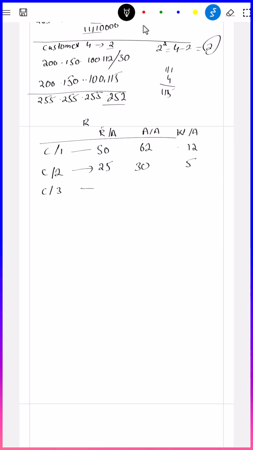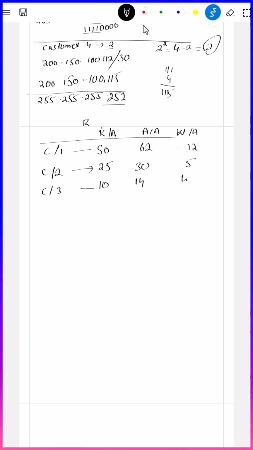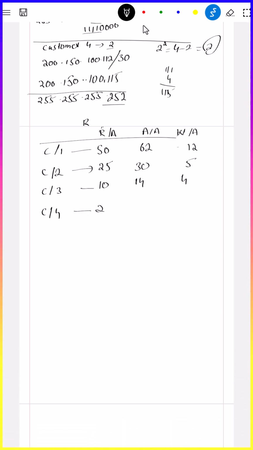Customer 3 requirement was 10. Available was 14. So how much is wasted? 4. Customer 4 requirement was 2. Available was 2. How much is wasted? 0. So now the total wastage is 12 plus 5 plus 4, which is 21. 21 addresses are wasted.